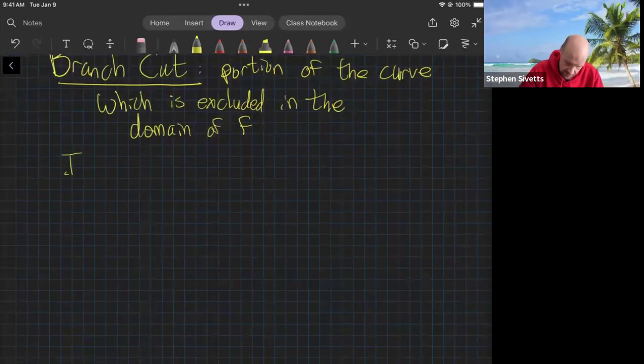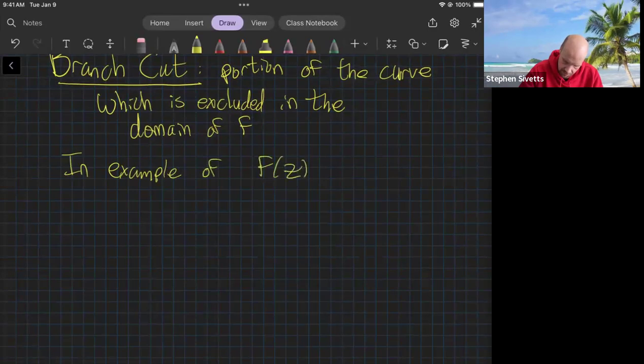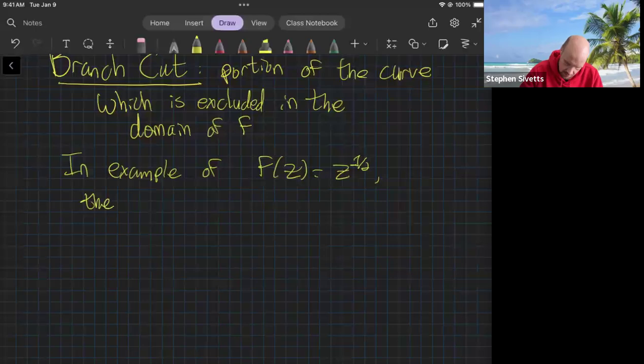So in the example of the square root function, the branch cut, they refer to this as the principal.